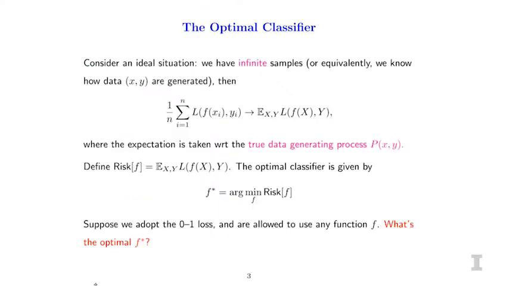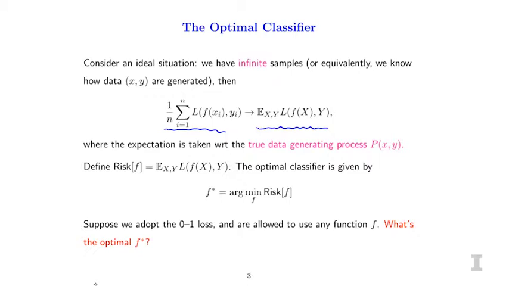Next, let's consider an ideal situation where we have infinite samples, or equivalently, we know how the data (x, y) are generated. Then there's really no difference between training samples and test samples because we know all the data. And then when n goes to infinity, this average loss becomes an expectation over the loss function, where the expectation is taken with respect to the true data generating process, a joint distribution over both x and y.